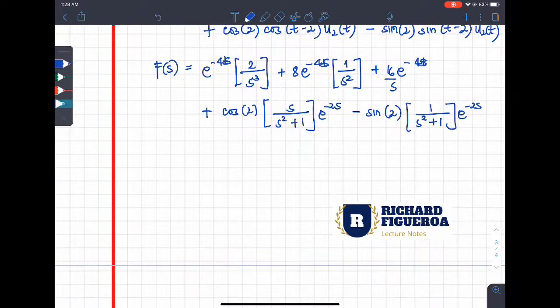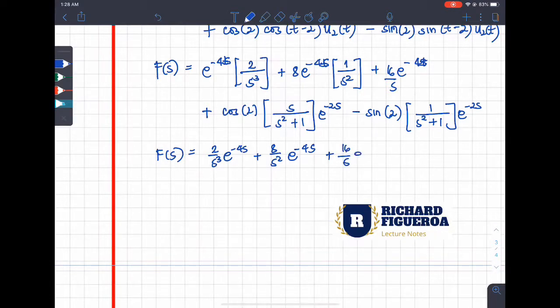If we want to simplify this, we could have F of s equals 2 over s cubed e raised to negative 4s, plus 8 over s squared e raised to negative 4s, then plus 16 all over s e raised to negative 4s.